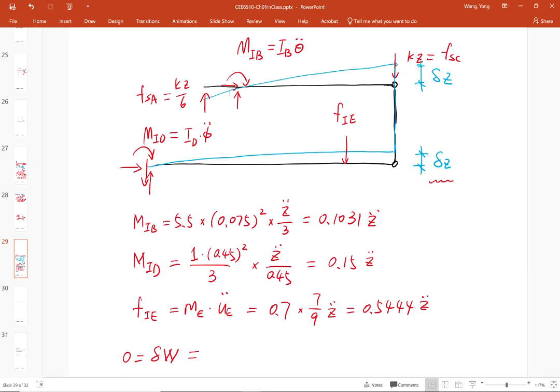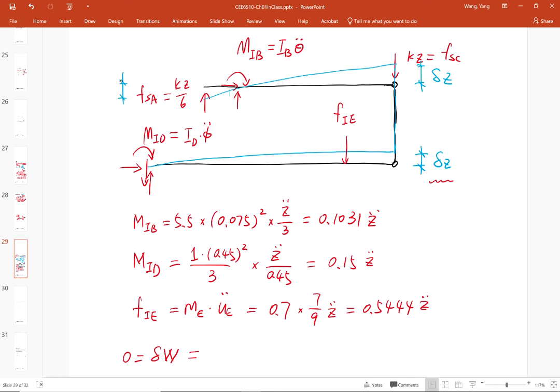Okay, the right side goes up by delta Z. Now in this picture, when the right side goes up by delta Z, the left side goes down by, this is 50 versus 300.